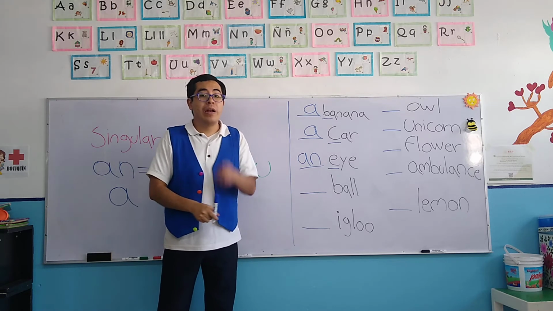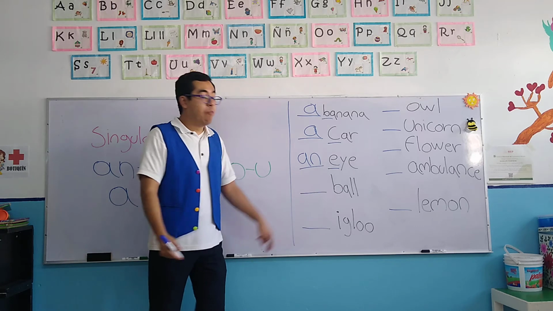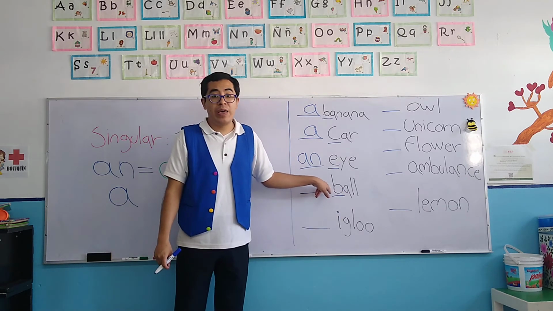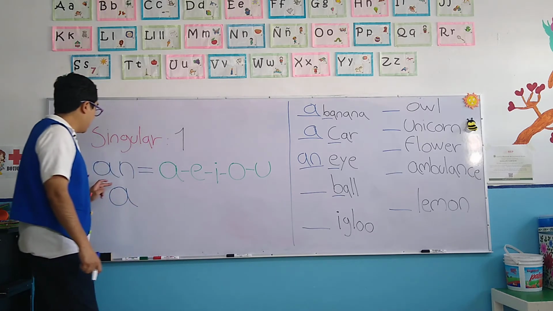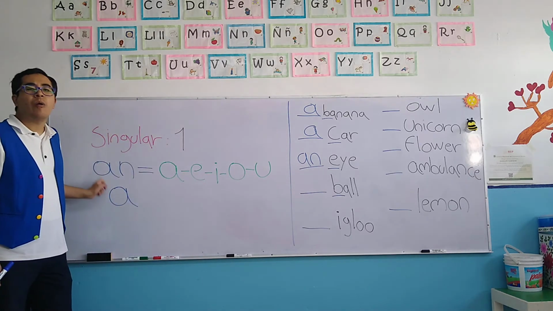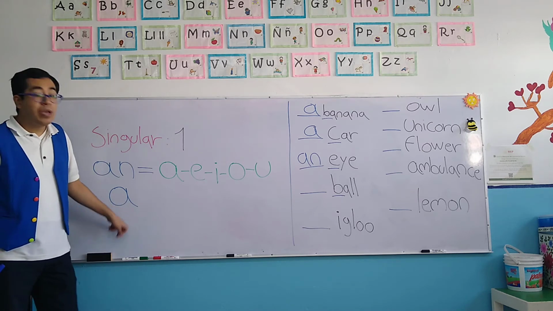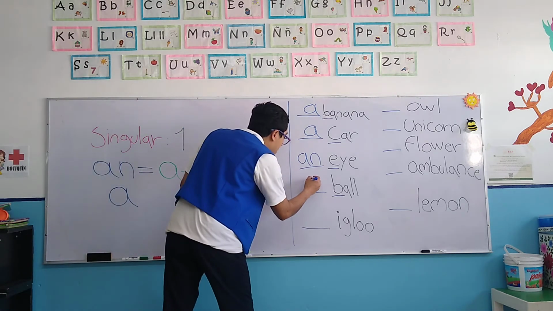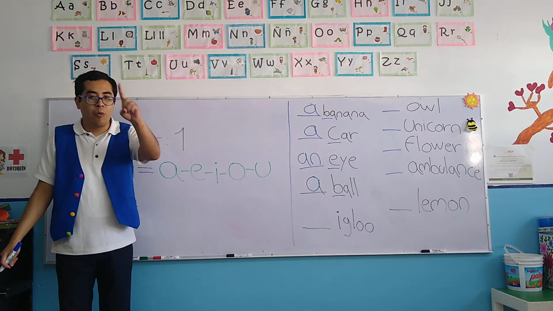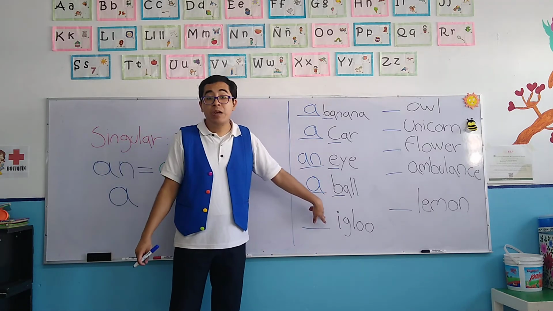Un ojo. Let's continue with the other one. Ball. Ball begins with the letter B. Now, letter B. Is it a vowel? No. So, an or a? We choose option B. A. A ball. Only one.